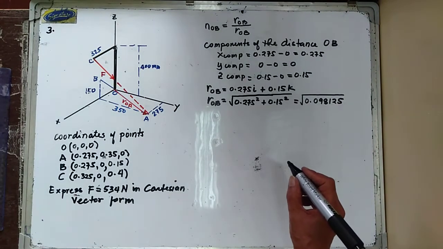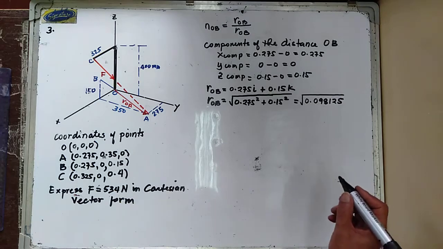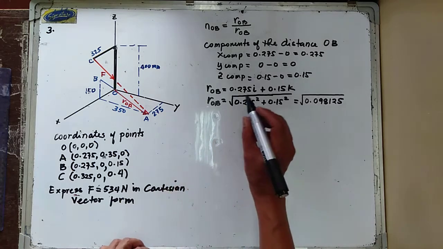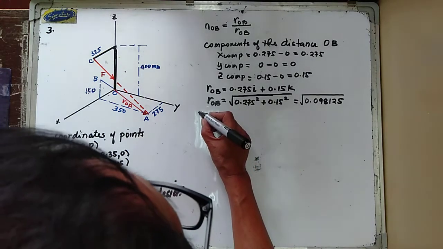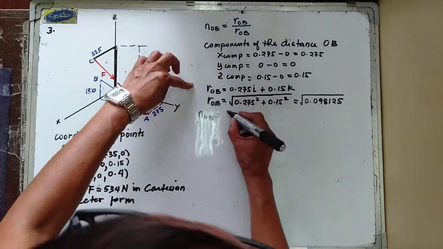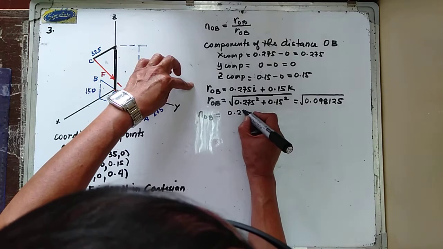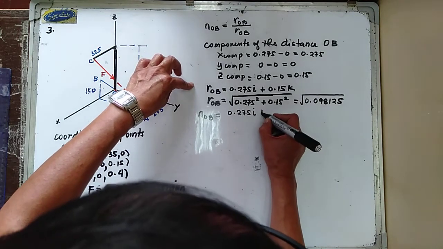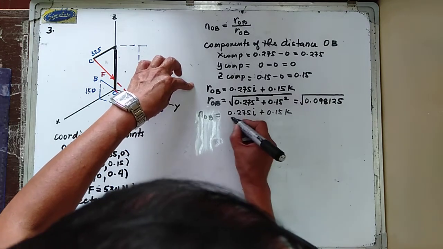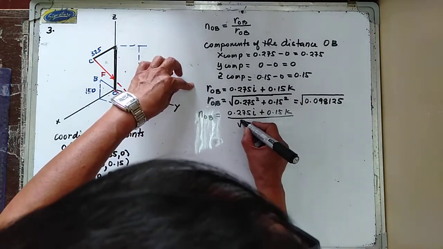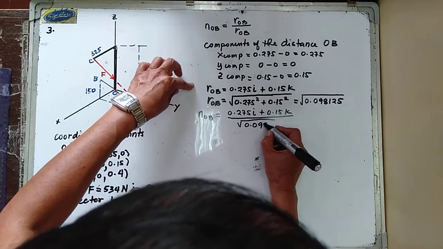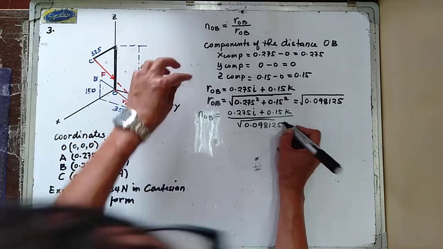So the unit vector OB is equal to 0.275I plus 0.15K all over the square root of 0.098125.